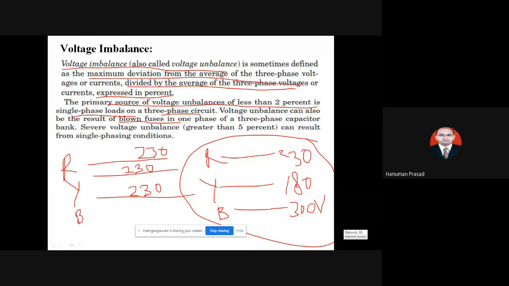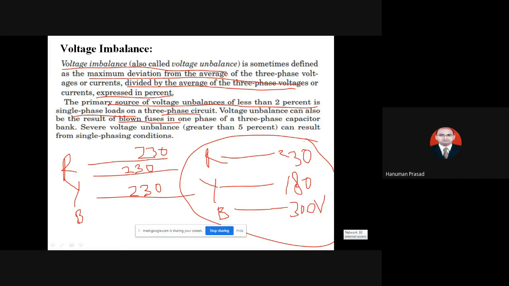Unbalanced, because in a three-phase supply, क्या होना चाहिए कि सारे phase equal होना चाहिए। Phase R 230 volt, phase Y भी 230 volt, phase B भी 230 volt. अब ये problems क्यों होती हैं? Why are we not getting the proper voltage? That means sometimes due to overload of any one phase, that is one cause.